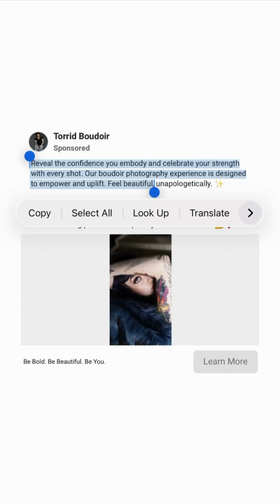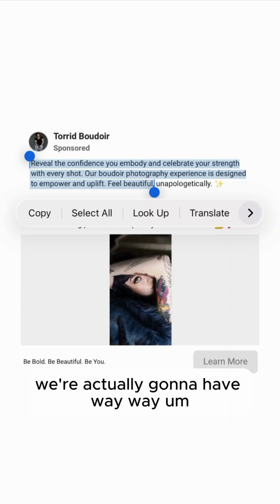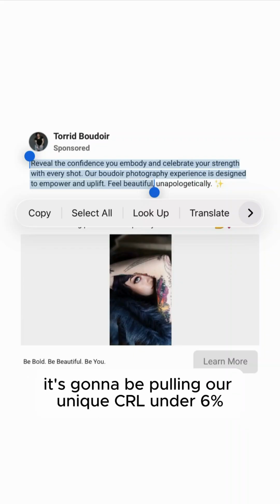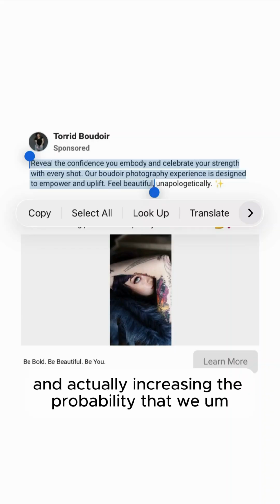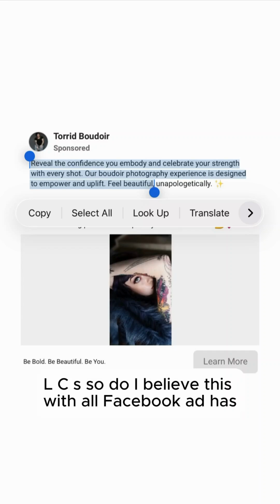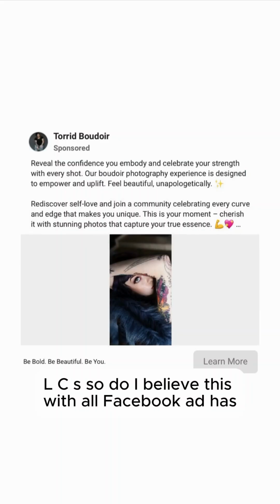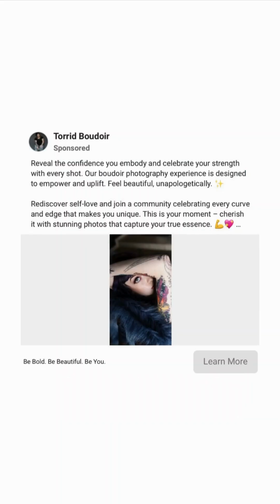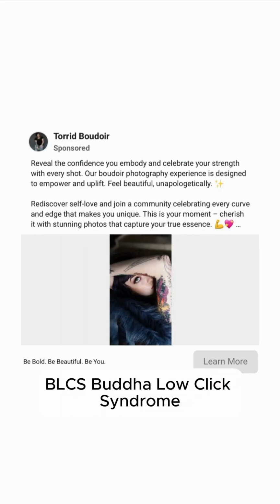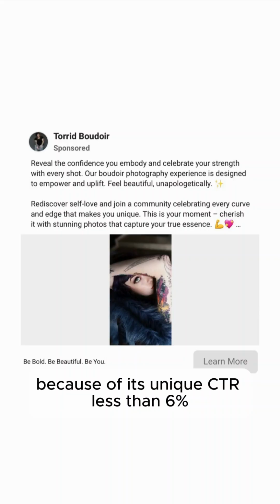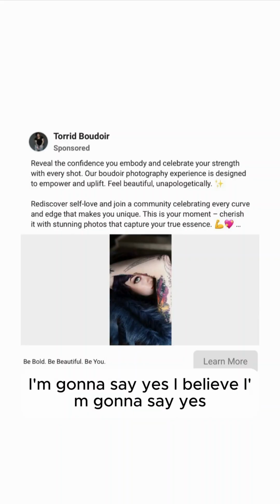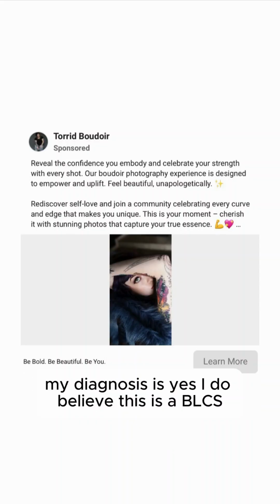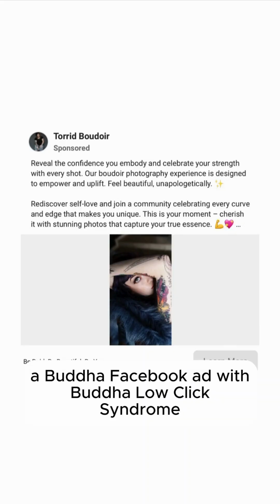And as a result, it's going to be pulling our unique CTR under 6% and actually increasing the probability that we have BLCS. So, do I believe this Boudoir Facebook ad has BLCS, Boudoir low click syndrome, because of its unique CTR less than 6%? I'm going to say yes. My diagnosis is yes. I do believe this is a Boudoir Facebook ad with Boudoir low click syndrome.